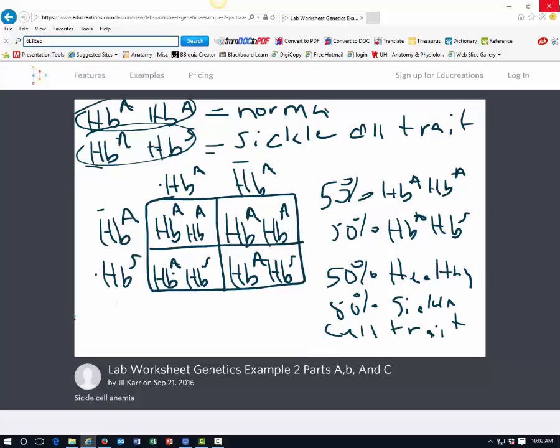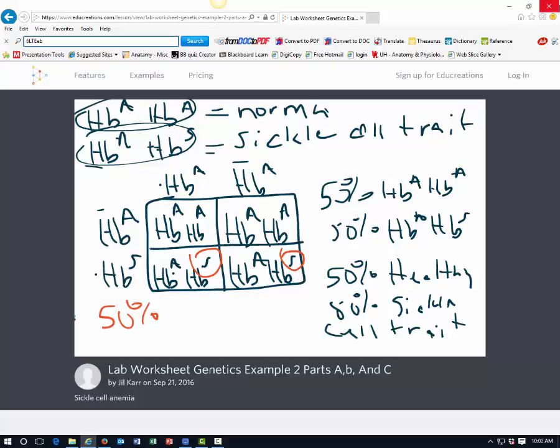So they're going to have that intermediate form of the disease. The question on the bottom says, what is the probability of the disease allele appearing in the offspring? Well, I can see one here and I can see one here, so that's 2 out of 4. The answer would be 50% is the probability of having the disease allele in the offspring.